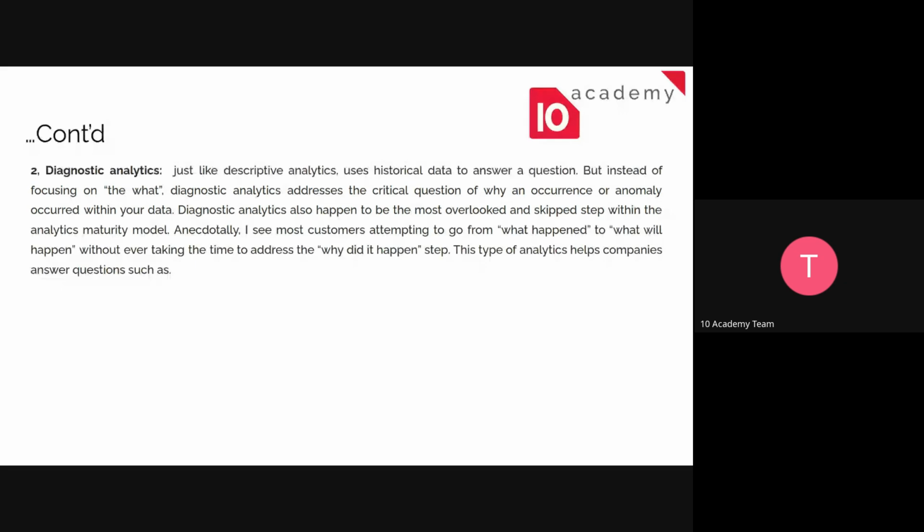Instead of answering the what, we will answer why did it happen. What is the scenario? Is it really because of the geographical area, or is there something happening in that area that makes people more exposed to the risk? Or is there a different type of diagnostic? So the descriptive analysis will answer the question what happened, and diagnostic analysis will answer the question what is the reason behind this.